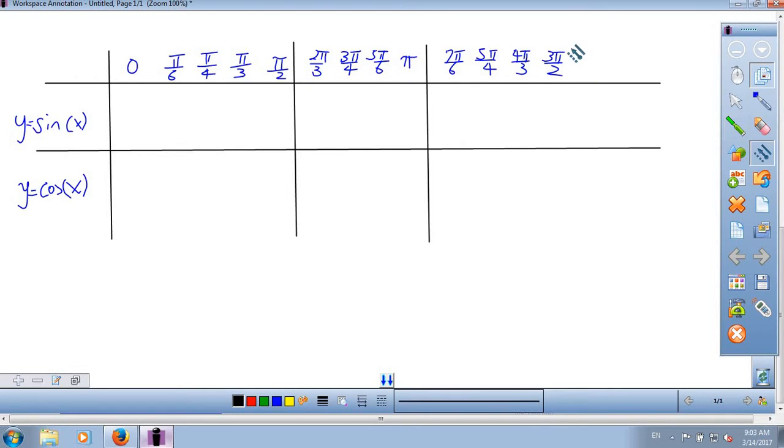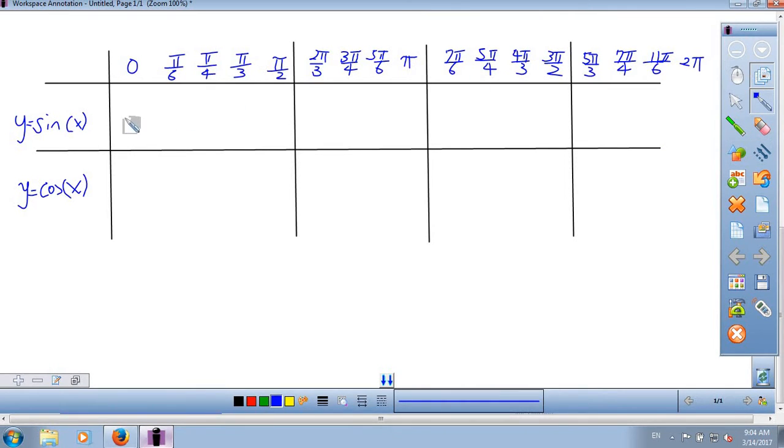That'll be the end of the third quadrant. And then lastly, you will have 5 pi over 3, 7 pi over 4, and 11 pi over 6, and then 2 pi. So let's go ahead and start with this, and it will end at 2 pi.